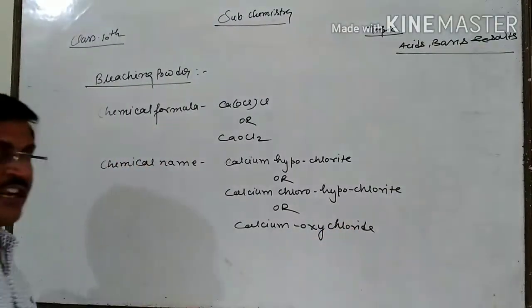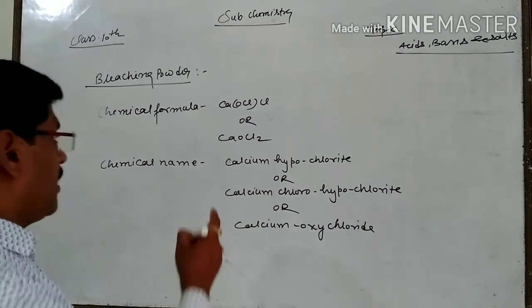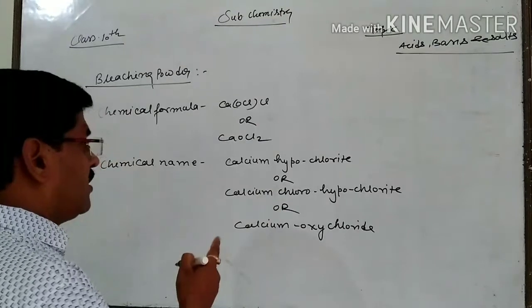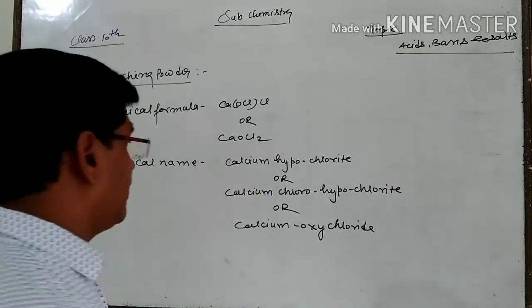So by these three names you have to know it: calcium hypochlorite or calcium chlorohypochlorite or calcium oxychloride.